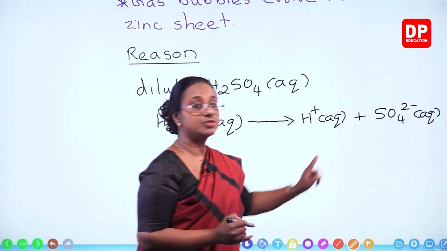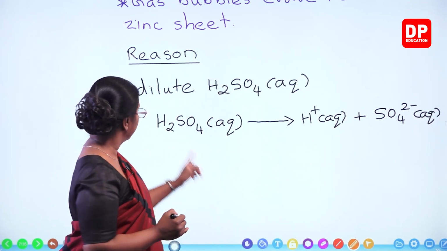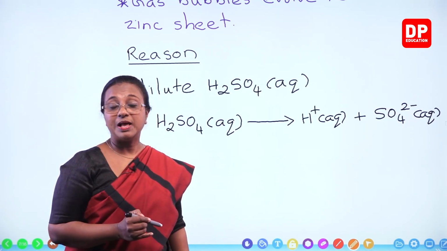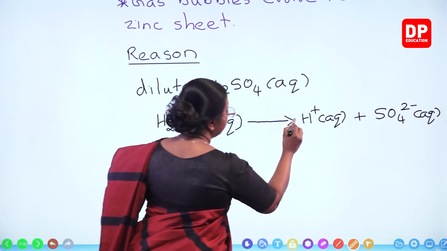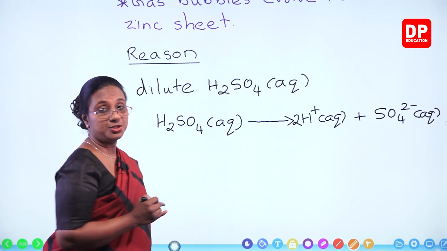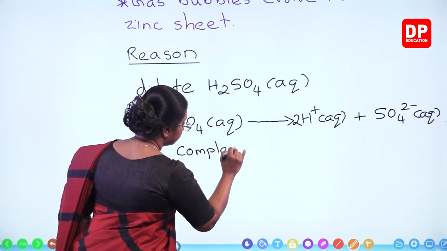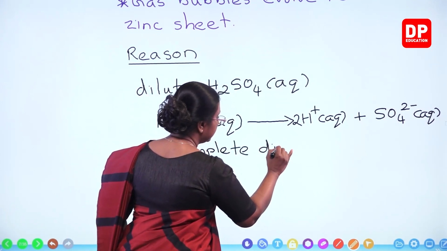So, both are also in the solution state. H2SO4 dissociates completely and forms H+ ions and sulfate ions. If you balance it, 2 H+. So, this is complete dissociation.